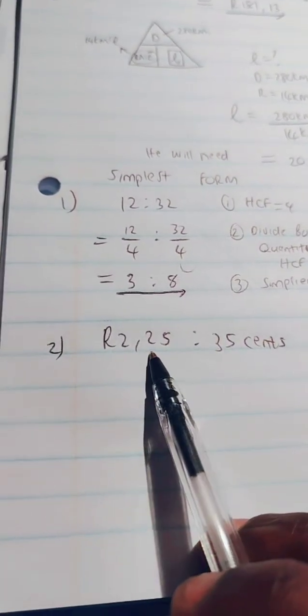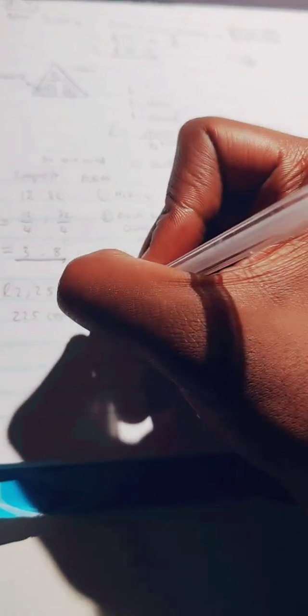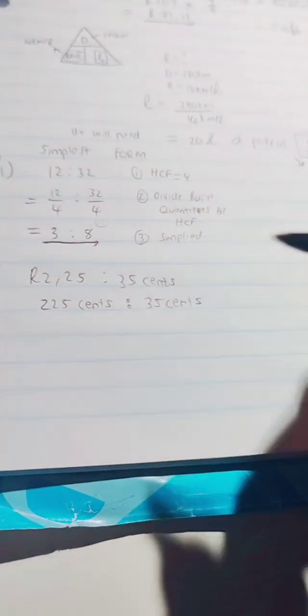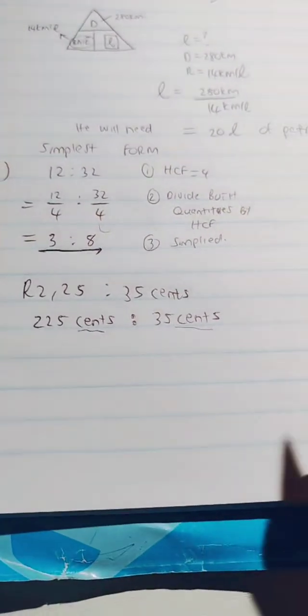So how do we convert so that this is all in cents? 2 rand 25 cents can be written as 225 cents. Then we have 35 cents. So the quantities currently have the same unit.